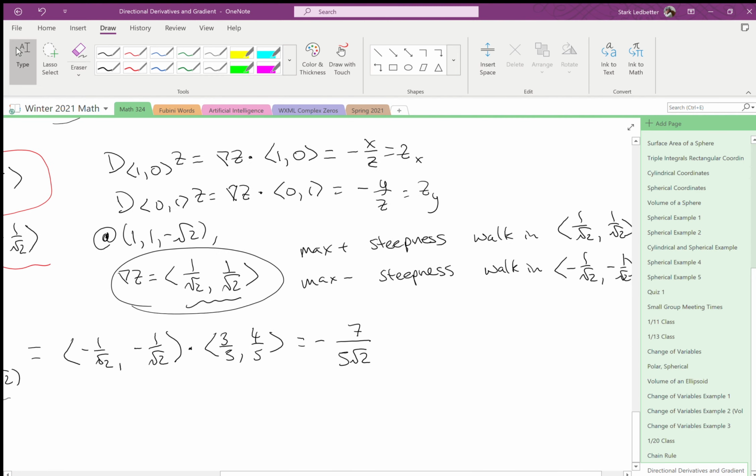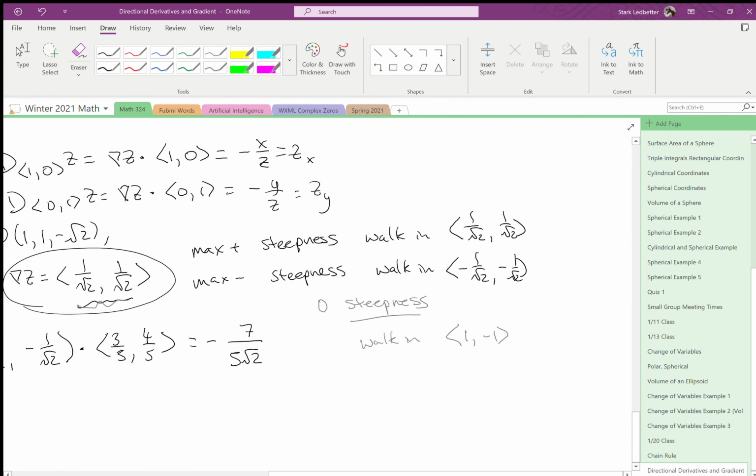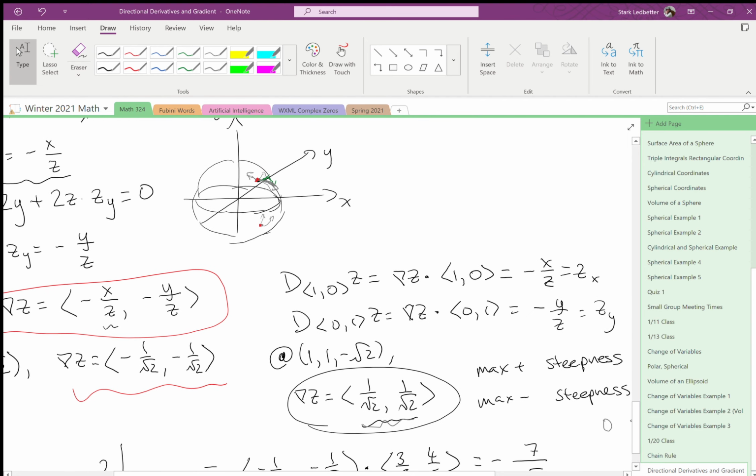And then for 0 steepness, I'm going to be orthogonal to this, so I need 1 positive, 1 negative. And you can make this a unit vector or not. What if I just didn't and I just walked in the direction 1 comma negative 1? Let's just look at what that is.